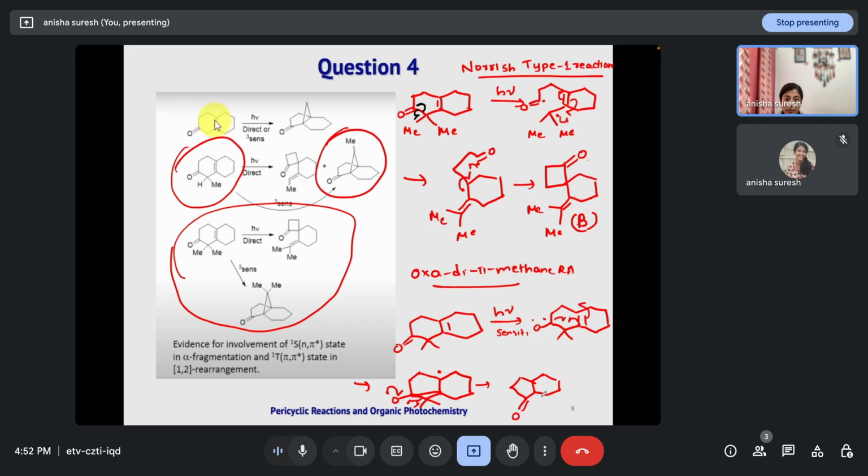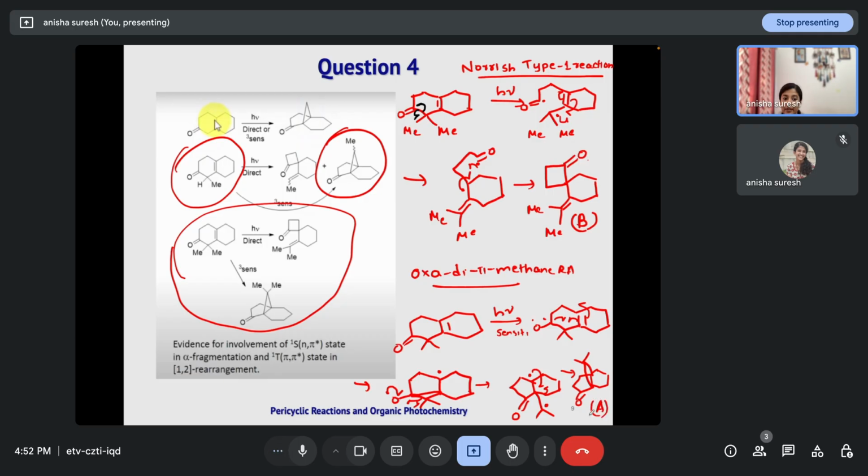Here the carbonyl will be there, and here a tertiary radical and another radical will be there that can recombine, leading to formation of our final product. So this is the final product that will be forming.